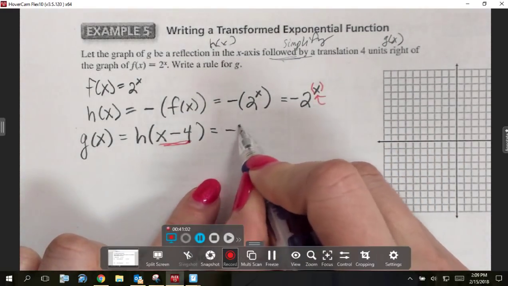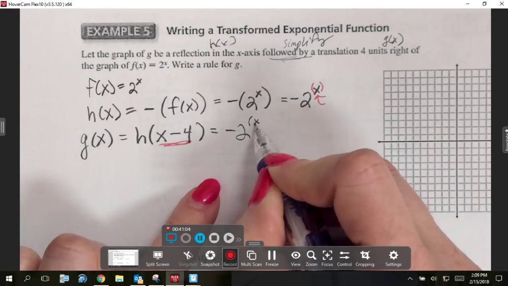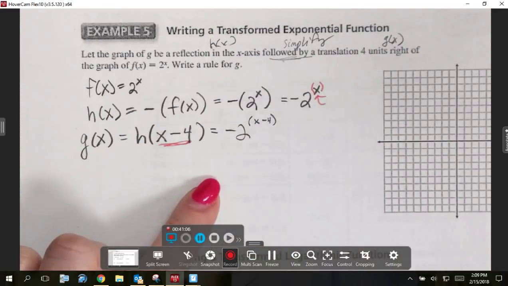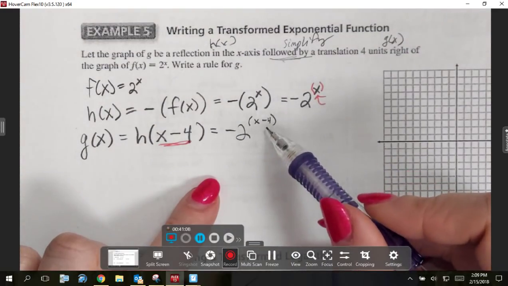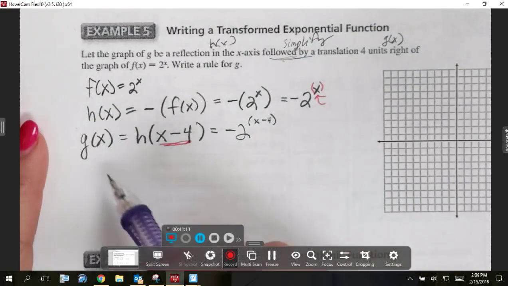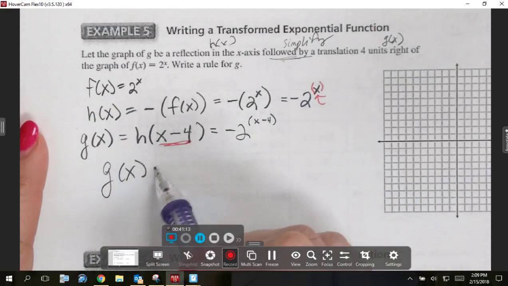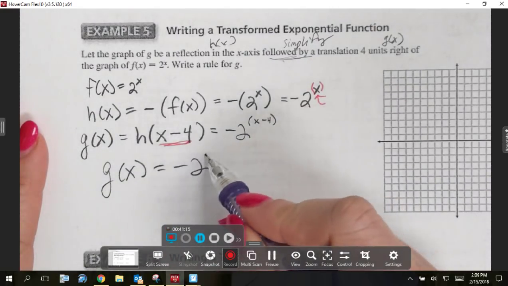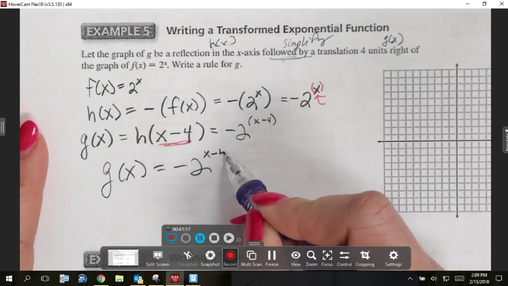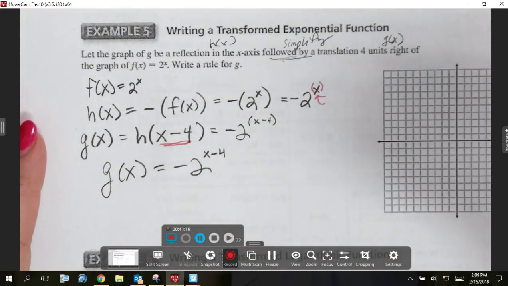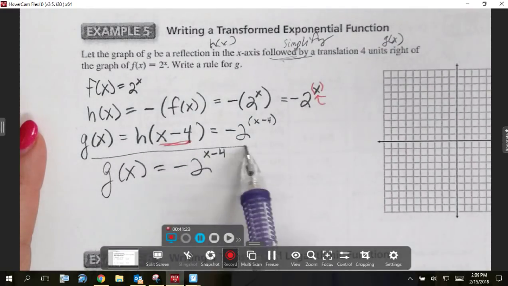So I will have -2 to the x minus 4. Well, there really isn't anything else happening up there, so you can drop the parentheses if you want. You can leave them if you want. Either is fine. But that's the answer.